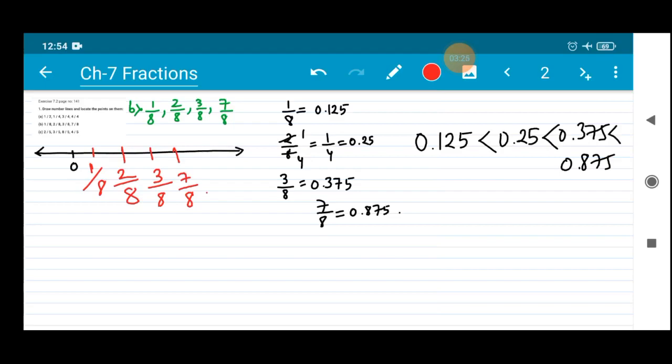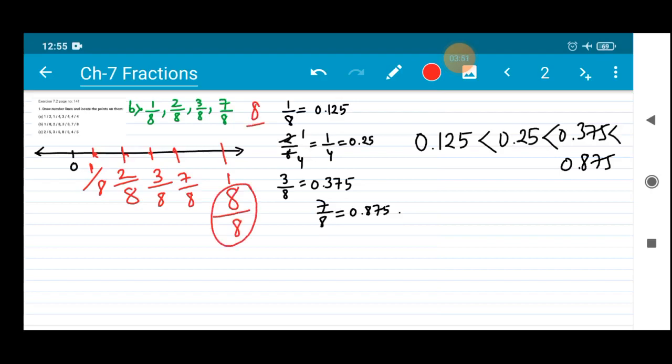So this is the way of doing. If we continue doing it, you will continuously get it. These are the actual places of the proper fractions given in the question, that is 1 by 8, 2 by 8, 3 by 8 and 7 by 8. If suppose this is 1 here, then it should be represented as 8 by 8.